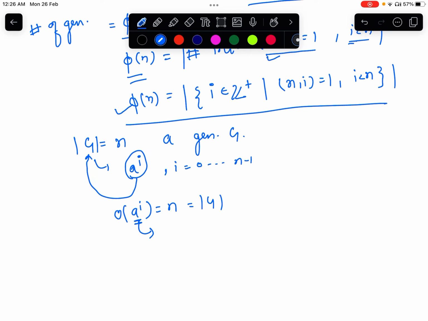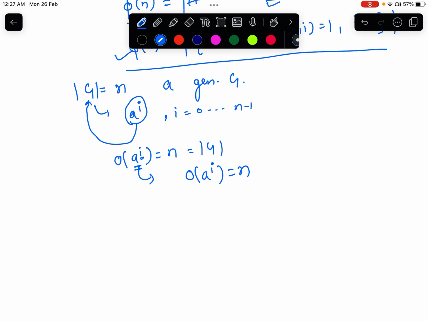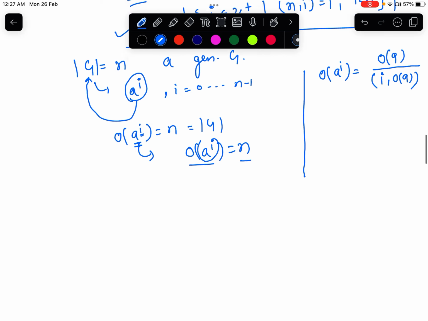So we need to find how many such I's exist such that order of a^I is equal to n. And how to find order of a^I? There is a formula we will prove at the end of the video. That is order of a to the power I is equal to order of a divided by GCD of I and order of a. So if order of a^I is equal to n, then a^I will become generator of G.